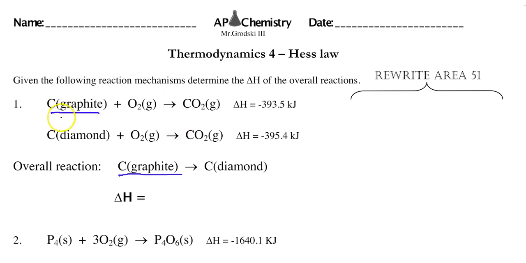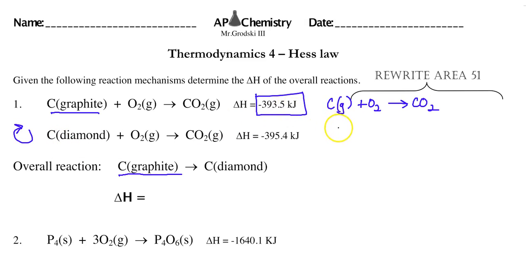So in any case, I'm going to take this graphite and rewrite it. C graphite, plus O2 gives us CO2. And I'm just going to keep this value. And then I'm going to flip this one around, because this is a product.